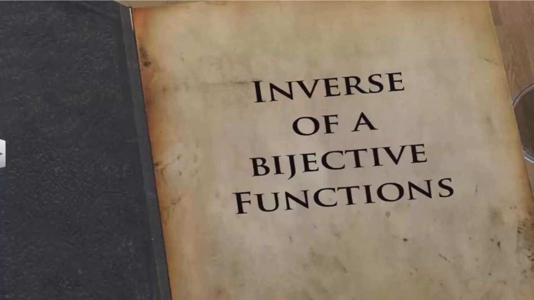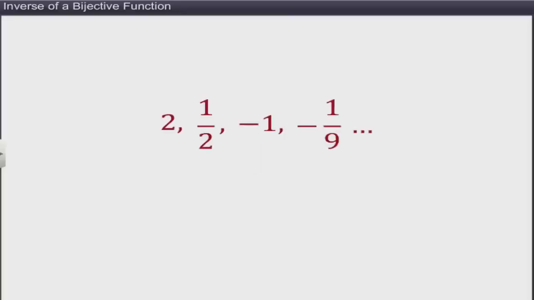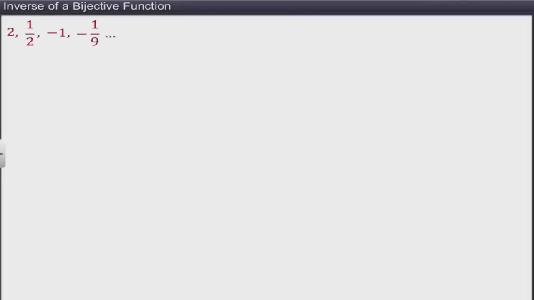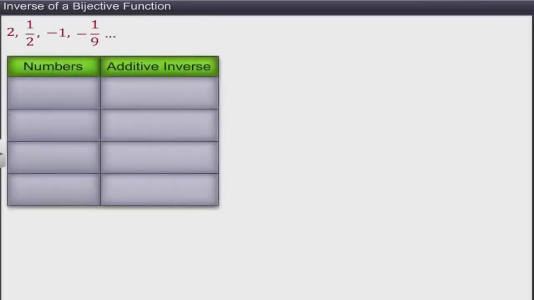In this module, you will study the inverse of a bijective function. Right from your school days, you learned to find the inverse of real numbers. For example, the additive inverse of 2 is -2. The additive inverse of 1/2 is -1/2.